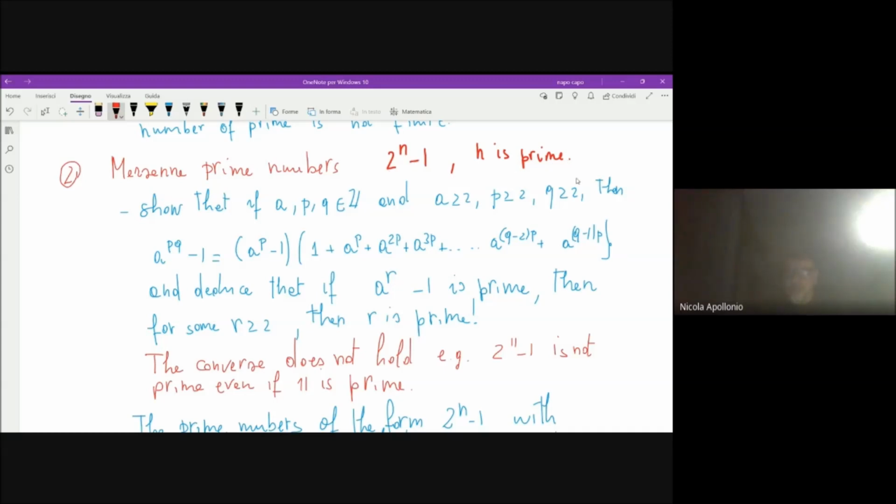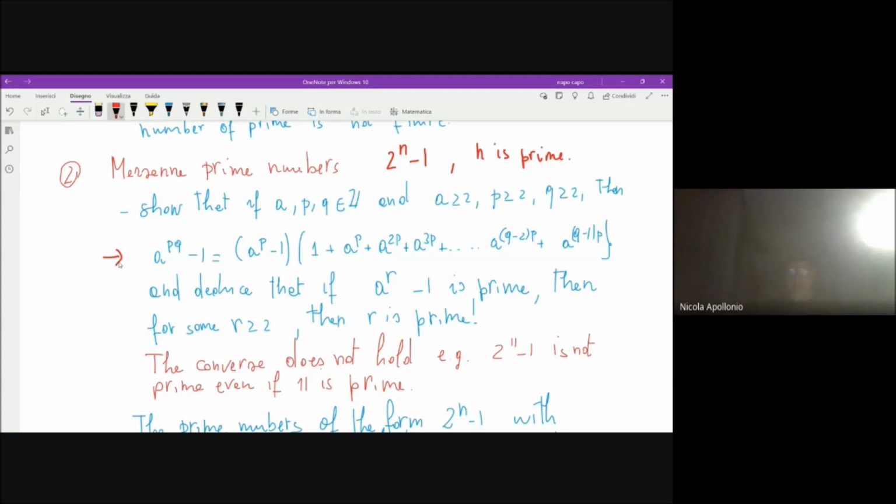This is what you can deduce from Mersenne prime numbers, and also you can use Mersenne primes to define or to devise a primality test. But the exercise is not really difficult, provided that you observe the following identity and proceed by contradiction.